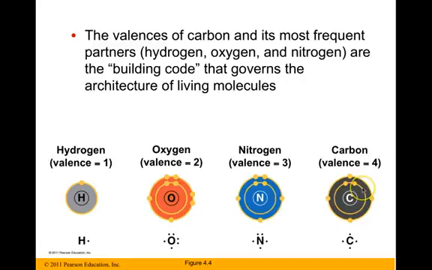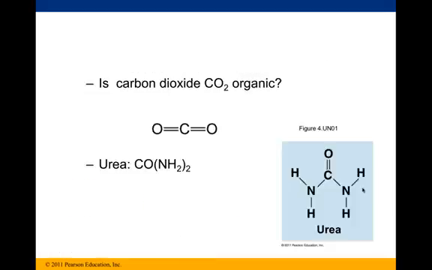So carbon can associate with 4 hydrogens, and they all can stay together happy, which makes it methane. And carbon with hydrogen, oxygen, and nitrogen in combination, they all can form many molecules. We'll look at them coming to the slide where we're trying to understand, just because there is a carbon in a molecule, can we call it organic?